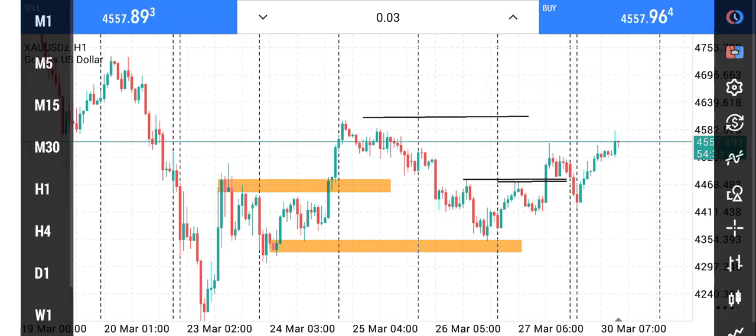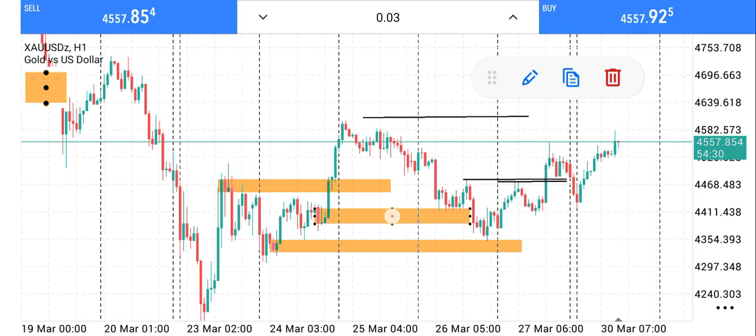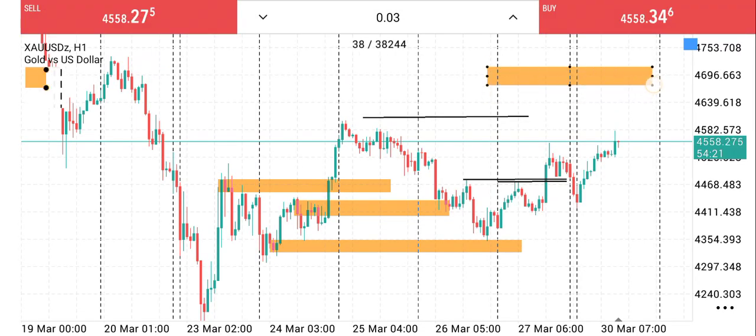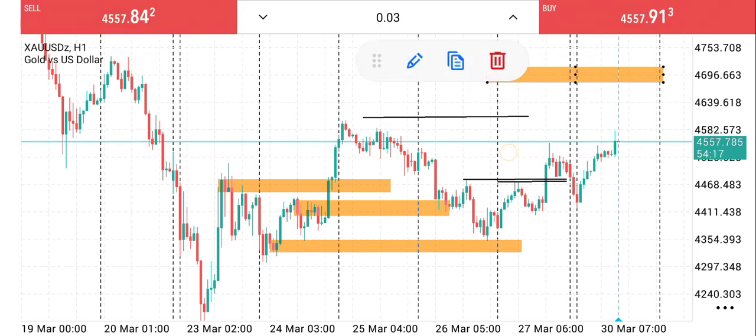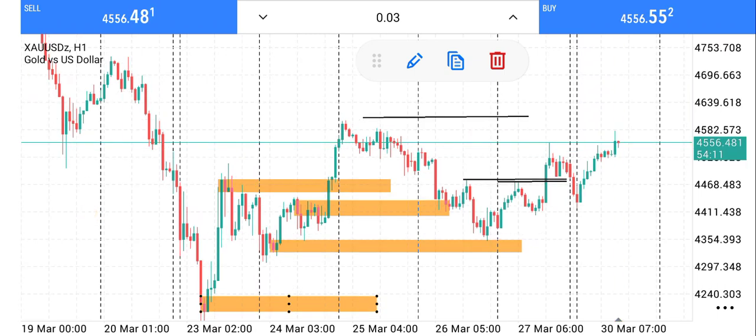Then we also have this POI here, which is unmitigated, and we have this, as well as this one here, the order block that caused this market structure shift.